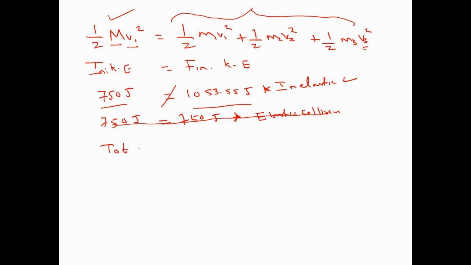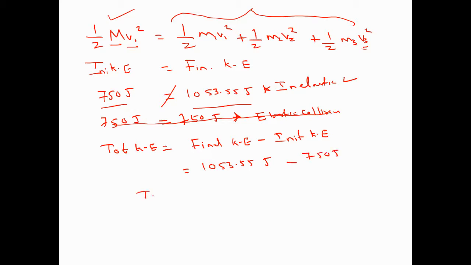So the type of collision for this question is inelastic, but what they need is the total kinetic energy. So what is the formula for total kinetic energy? The total kinetic energy is nothing but final kinetic energy minus initial kinetic energy. That is 1053.55 joules minus my initial kinetic energy of 750 joules.